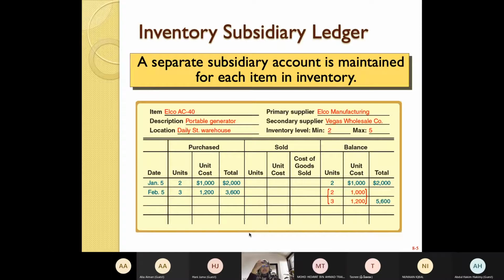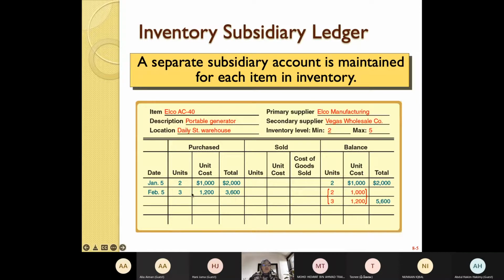For example, here is a subsidiary ledger where on January 5th you purchase 2 units and each costs 1,000, so the total purchase is 2,000. As of that date, you have a balance of 2 units at 1,000, so the balance is 2,000. On February 5th, you purchase another 3 units and each costs 1,200, so the total cost is 3,600.